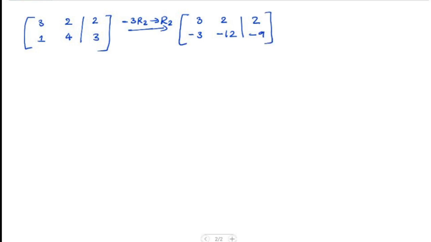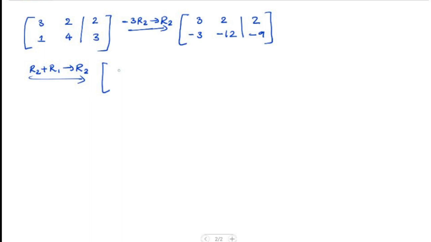Now the second row operation that we need to do for making it a row echelon form is we have to make this element 0 over here. So we can take row 2, add it to row 1, and put the values in row 2.